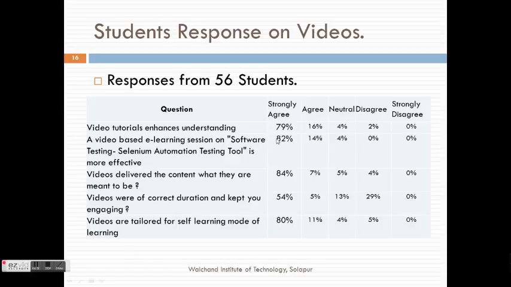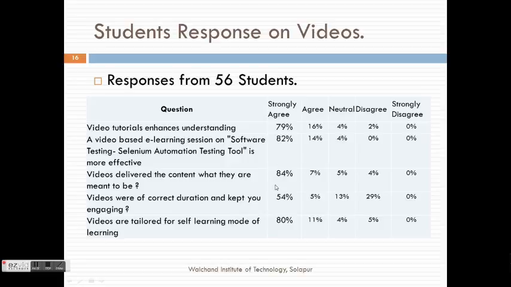There will be multiple factors contributing to that. Maybe it's the first time we have done this, and students find the mode of delivery interesting and curious. But 82% of the 56 students agreed that yes, it was more effective. Were the videos' delivered content what it was meant to be? Yes, this was very important.